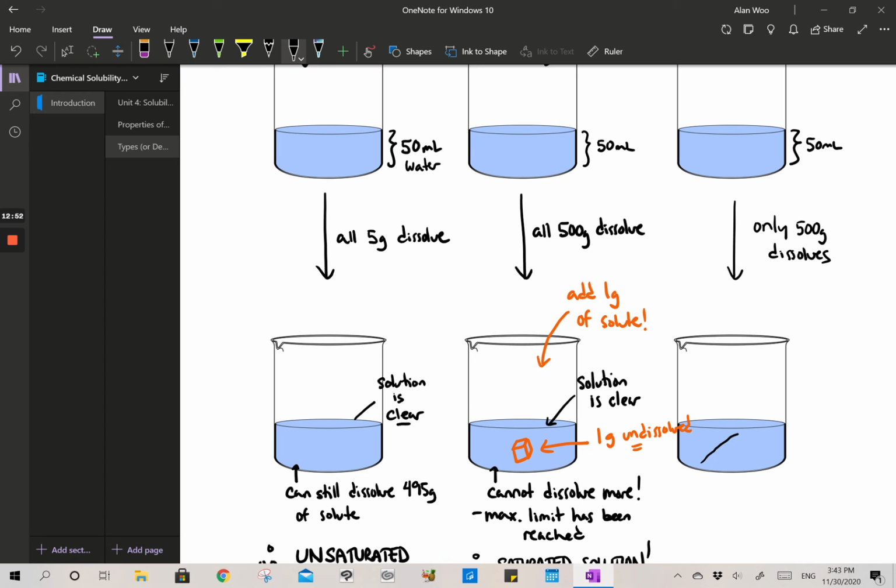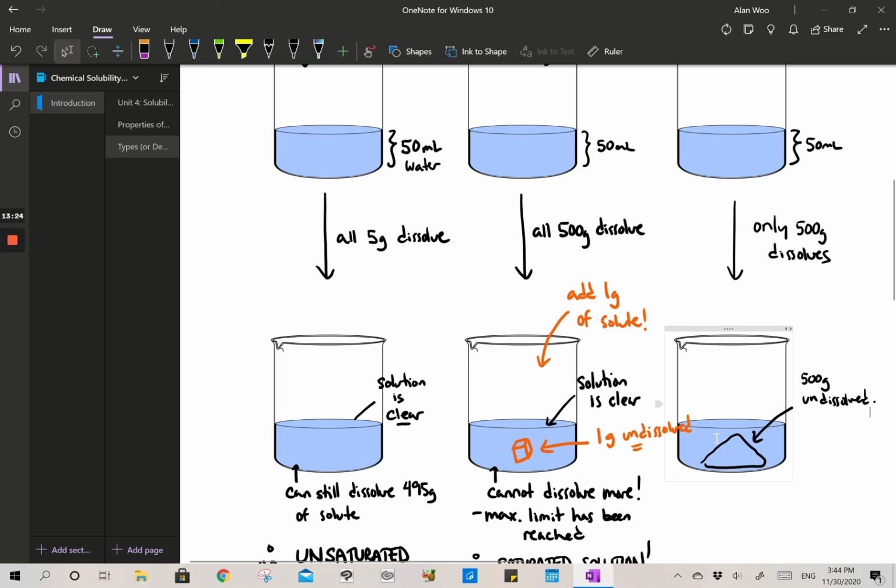And at the bottom, there's going to be a pile of undissolved solute. There'll be about 500 grams that's undissolved. So we have 500 grams that did dissolve in 50 mils, and then we have 500 grams that didn't dissolve.